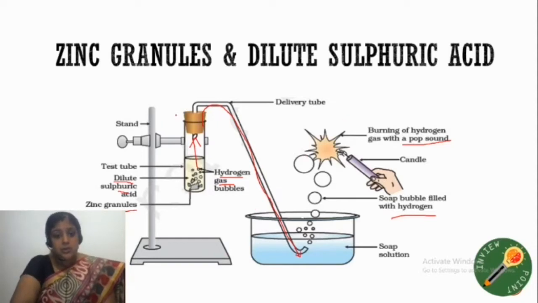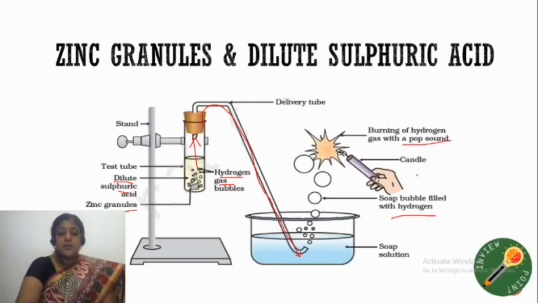So how do you test that the gas formed is hydrogen gas? Suppose you are passing this hydrogen gas through a soap solution. Soap bubbles are formed filled with hydrogen gas. Place a burning candle near this soap bubble. Then the candle will burn with a pop sound. This indicates the presence of hydrogen gas. Is it clear, students?